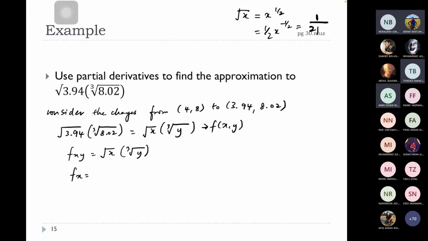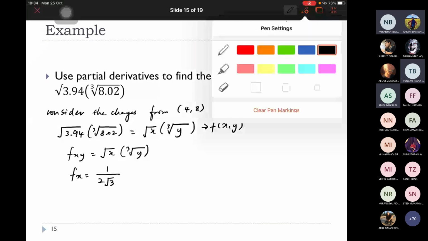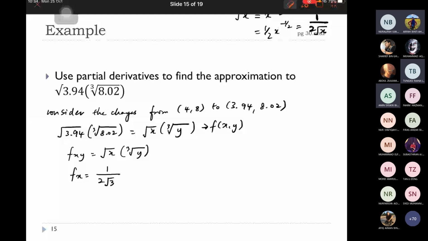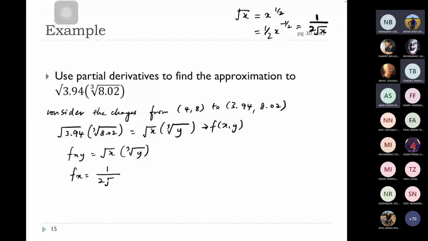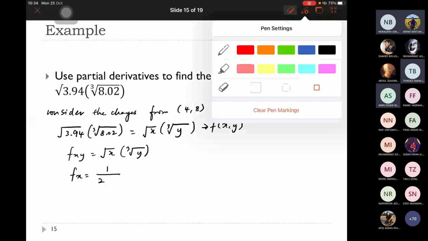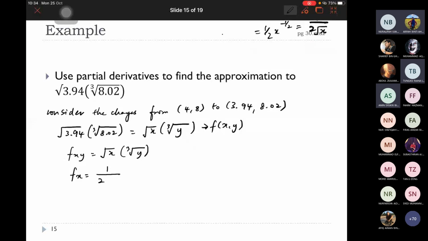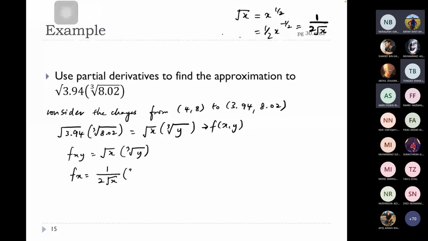So jadi 1/2 set x. So this one it will become 1/2 set x. Yang set kuasa 3y ni kita akan assume dia sebagai constant.